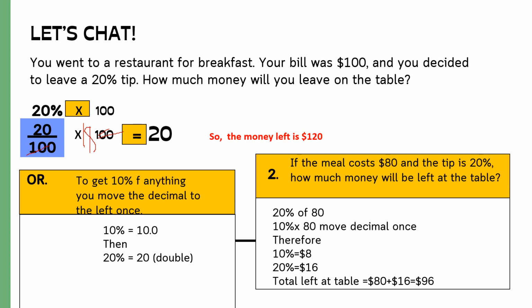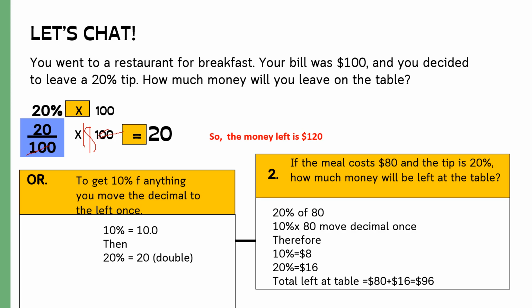Now look at it. If the meal costs $80 and the tip is 20%, how much money did you leave at the table? So 20% of 80, we want to find that, right? Now it's easy to use the 10% as a base. So 10% of 80, you move the decimal what?